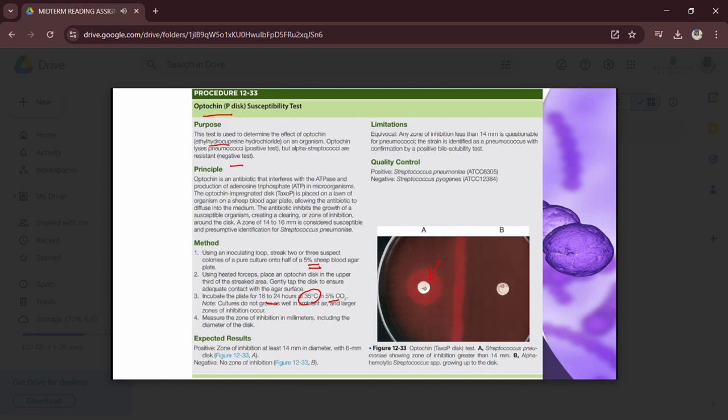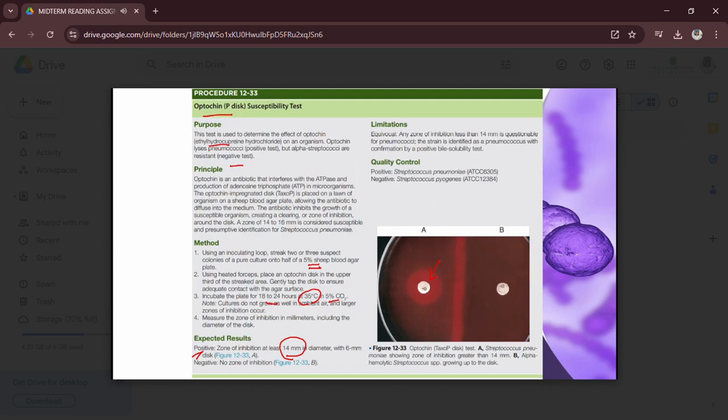Now, what will you expect no for your results? Pag positive yan, ibig sabihin, yung zone of inhibition mo, nag-measure ng at least 14 millimeters. At least, no? So, this is the minimum. So, any greater than or equal to 14 millimeters is a positive or sensitive or susceptible to your optochin.